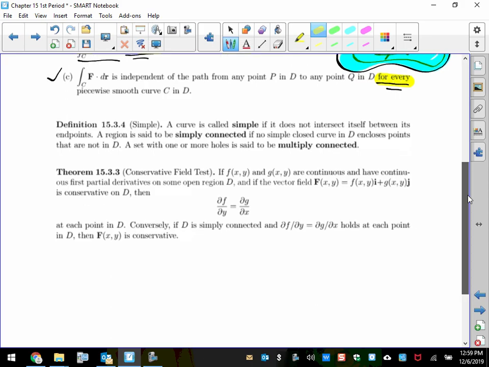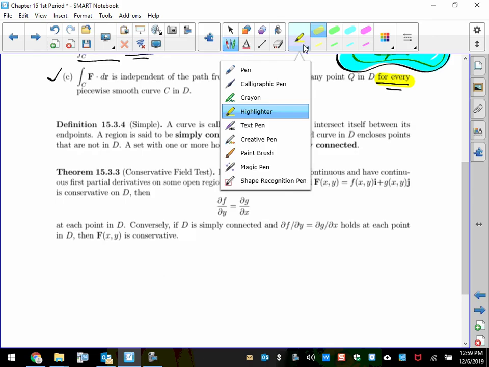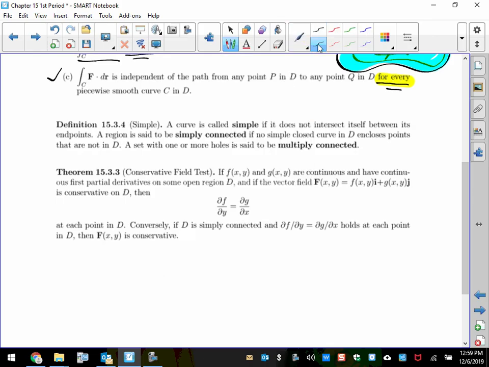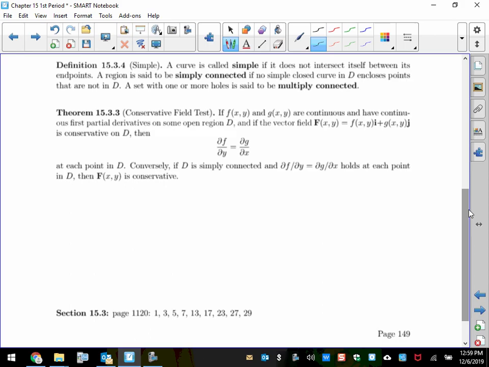So that was kind of a confusing definition. Let's see if we can sketch a picture down here. Let's first sketch a simple curve. So this would be simple, closed.